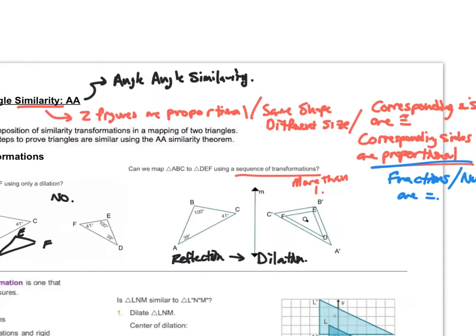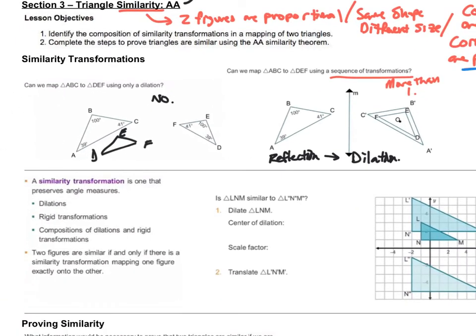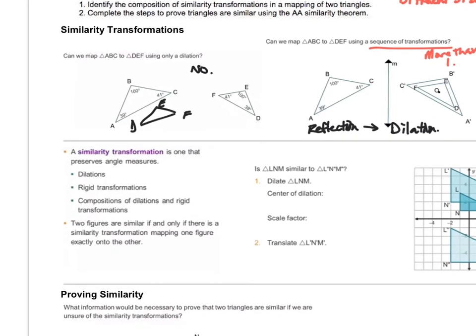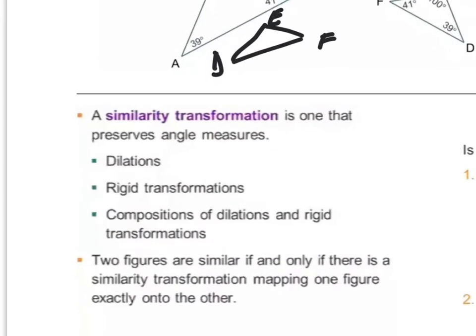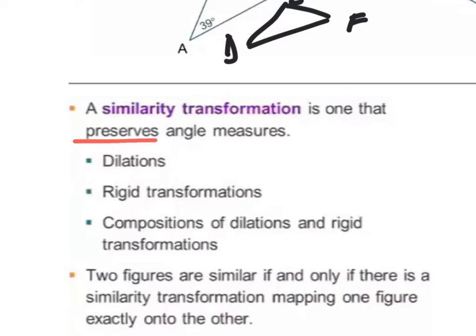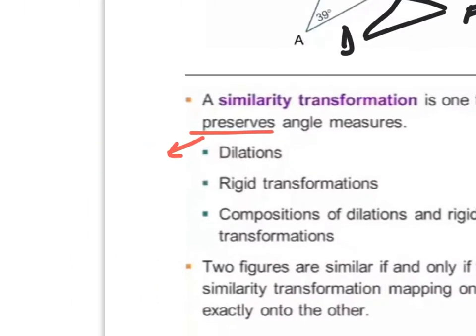So you have to kind of recognize whether they are a series of transformations or if it's just a single transformation, okay? So a similarity transformation is one that preserves the angle measures, okay? And preserve means that it keeps the same. Preserves means that it doesn't change, okay?